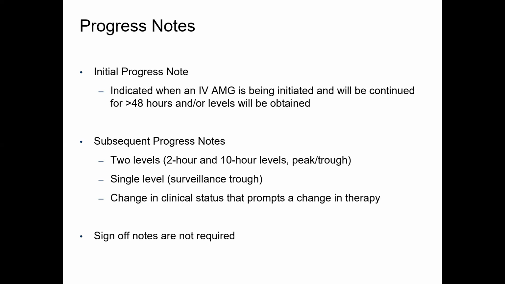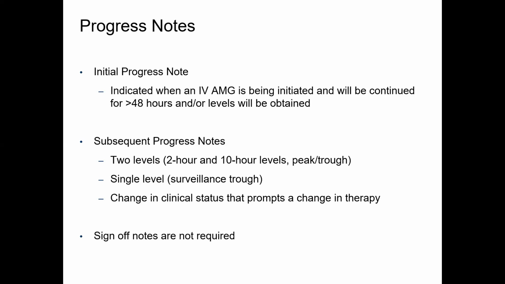There's also some questions before I move on away from progress notes about when the order is started in the emergency room. So when aminoglycosides are started in the emergency room, it's usually very unclear the duration of that. And so the request has been made that if it's started in the emergency room, the admitting primary team pharmacist, once the patient is admitted, writes that initial note.